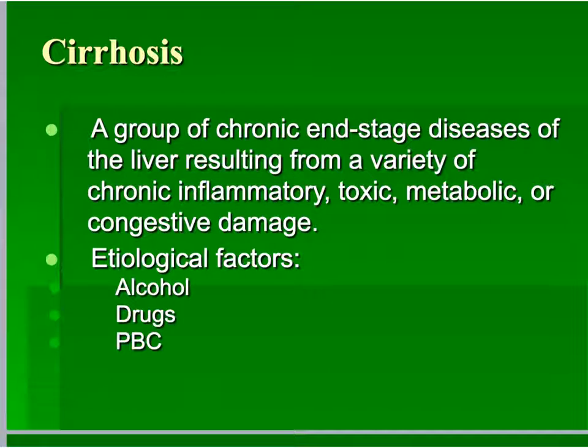When there's inflammatory destruction of the bile duct, the bile backs up into the liver, causing destruction of the liver parenchyma. Bile is basically not getting out of the liver, so it starts to accumulate in the liver and destroys the liver parenchyma. That's what we see with PBC, or primary biliary cirrhosis.